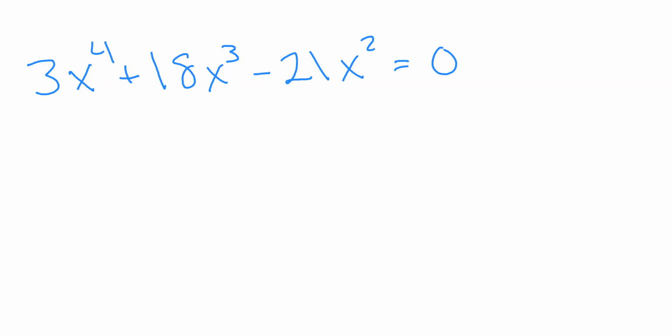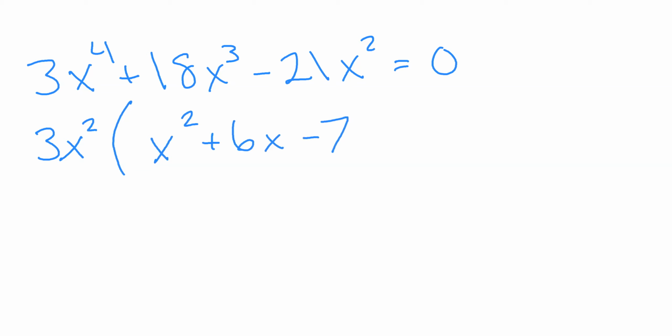What we do have, though, and we should always look for first to simplify anything, is do we have a greatest common factor that we can remove? I believe that each term is a multiple of 3, and each term has 2 factors of x. So we can pull off a 3x squared. And what we're left with is x squared plus 6x minus 7 equals 0.